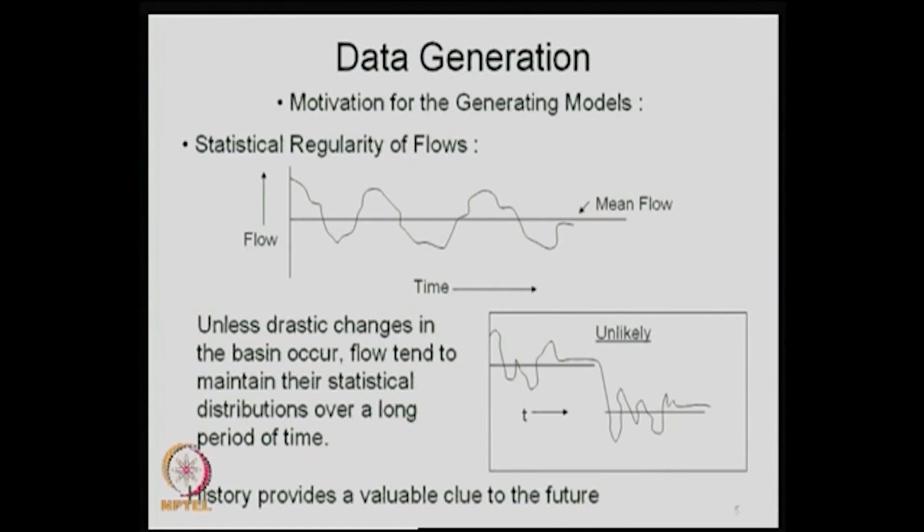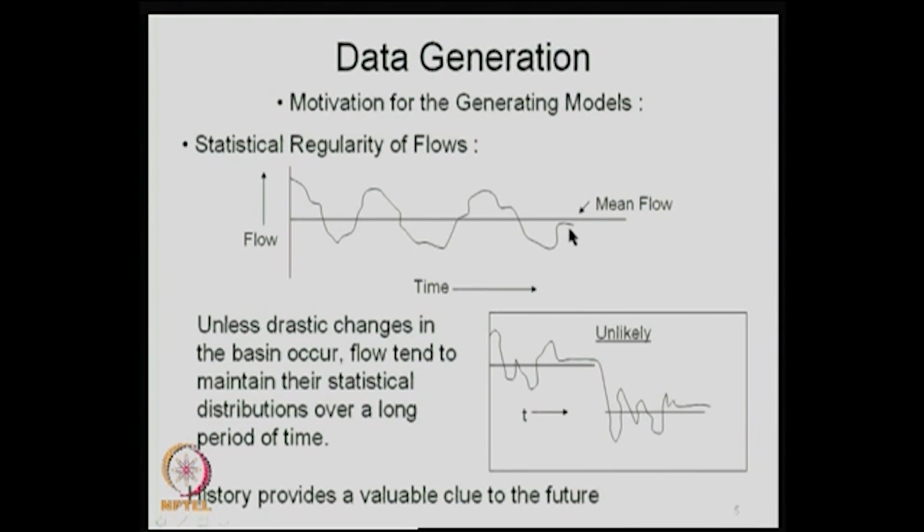So, the principle that we use in data generation is that history provides a valuable clue to the future. Whatever has happened during the historical time period, we use that information to make an assessment of how this process is likely to behave in the future, and we use that principle to generate the data of the future.